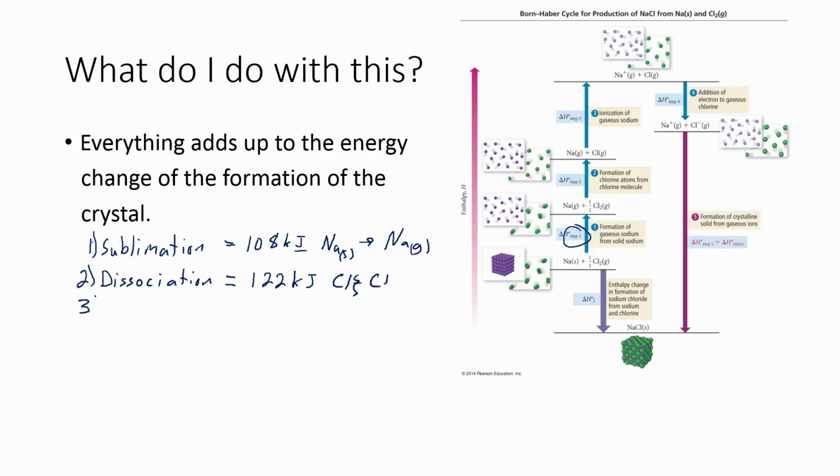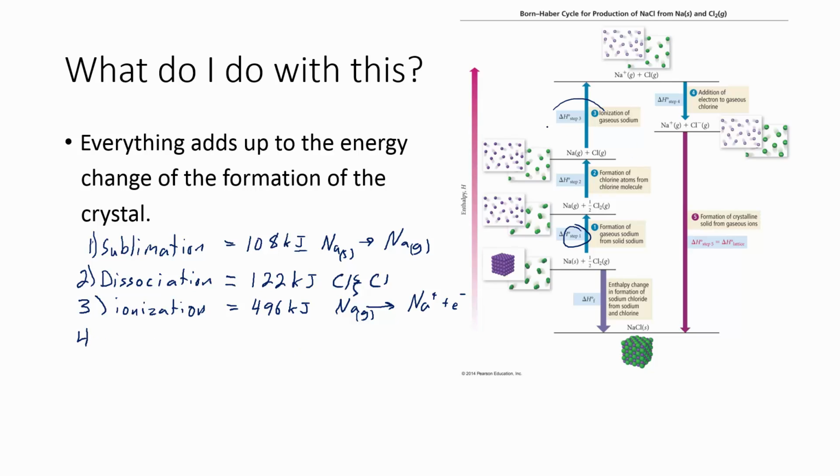So then 3, I ionize the sodium, ionization. So we can look that up on a chart and see that that takes about 496 kilojoules worth of energy. And what that is, that's taking a sodium that's a gas and turning it into a sodium plus ion, getting rid of that electron.